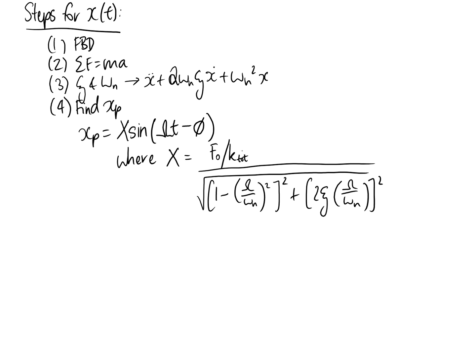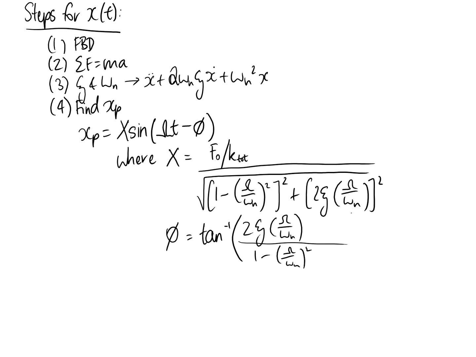This here is K total, so the total stiffness in your system. We end up with the frequency of your forcing function, the natural frequency of your system, and your damping ratio in here as well. So phi, again, we have an equation we can use. Okay, again, these are all made up of constants that you should have solved for before.